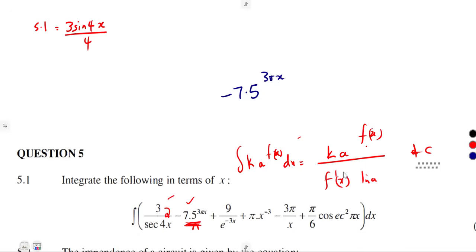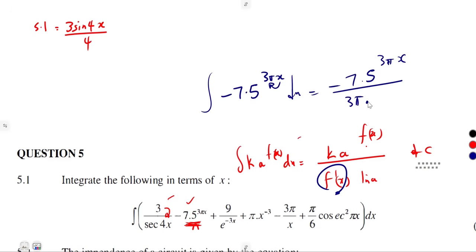So in our case, it is negative 7 times 5 to the exponent of 3 pi x. That's going to remain, guys, the part that we are integrating here. It's just going to remain as it is, under the integral sign. So it's just going to be negative 7, 5 to the exponent of 3 pi x over what? The derivative now of f of x. So if we differentiate this, it's going to give us 3 pi times the ln of a. Our a is the base. So it is the ln of what?